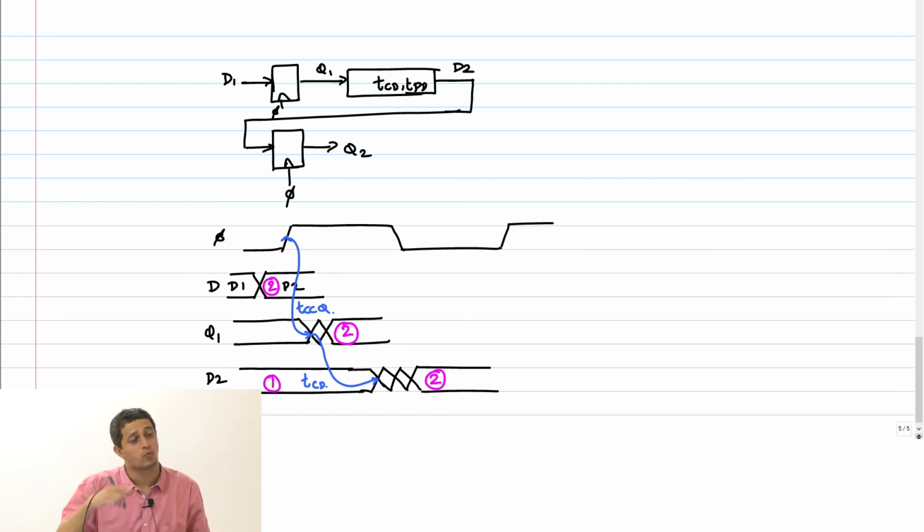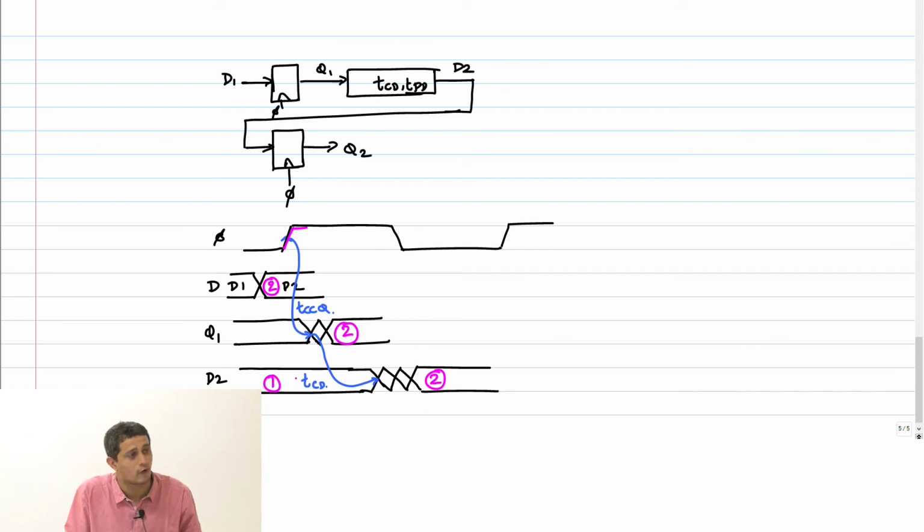Event 1 is what was sitting on D2, and that needs to be sampled for the flop F1 to hold it correctly. Remember, I am talking now at this rising edge itself. So event 1 needs to be sampled and held there correctly. Event 2 should not race through and overwrite that data.